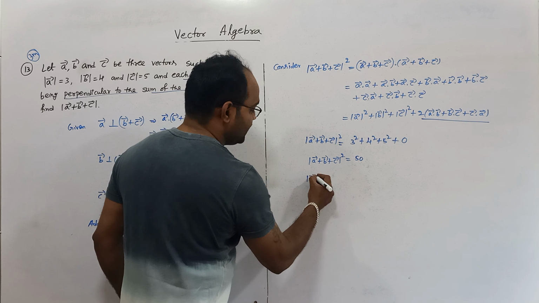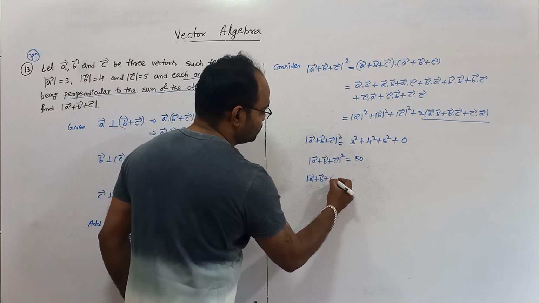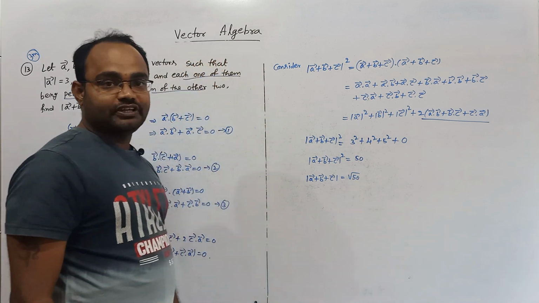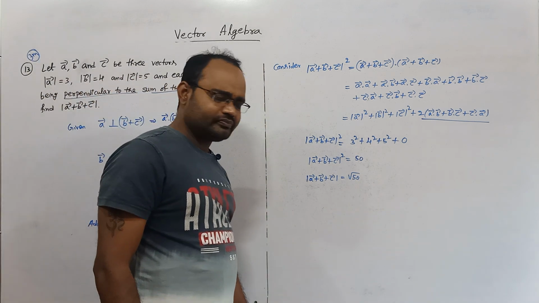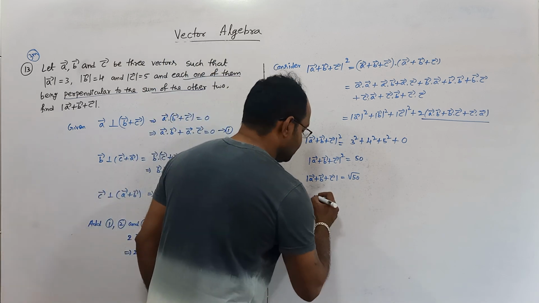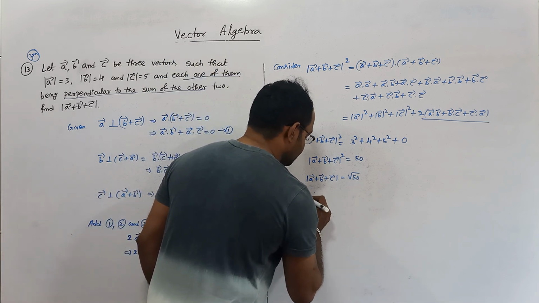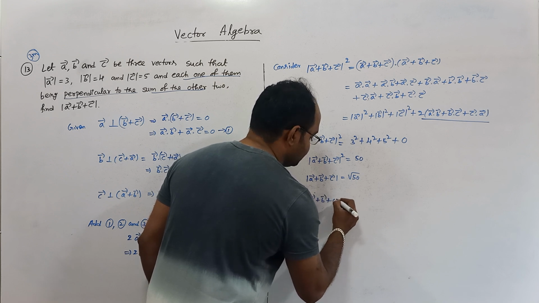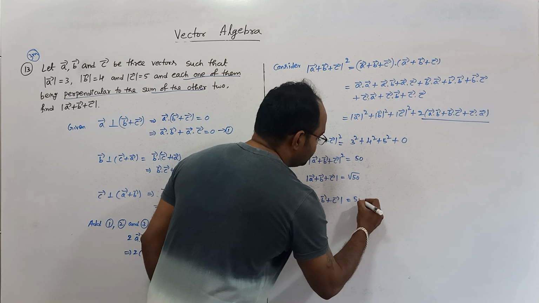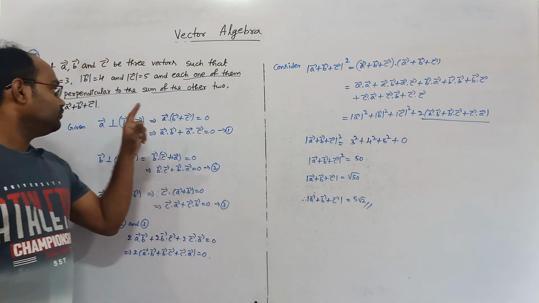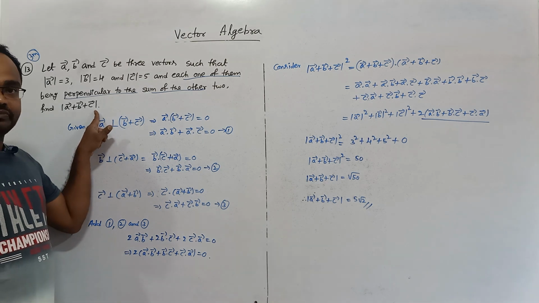So we need magnitude of a plus b plus c, take the square root. So square root of 50. Square root of 50 we can write as 25 into 2. That is nothing but, therefore, magnitude of a plus b plus c is 5 root 2. Which is the required magnitude they have asked.